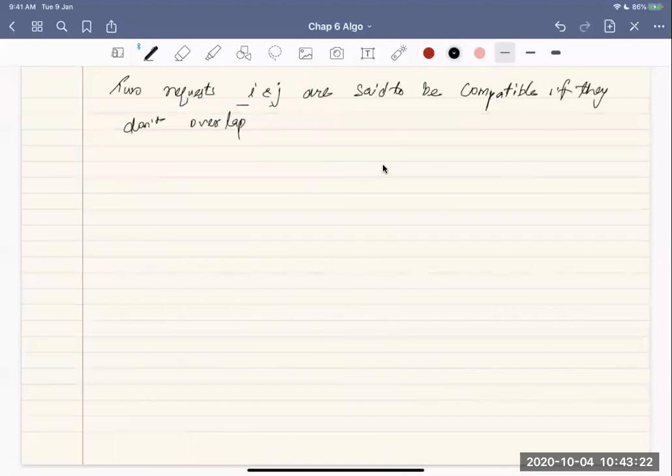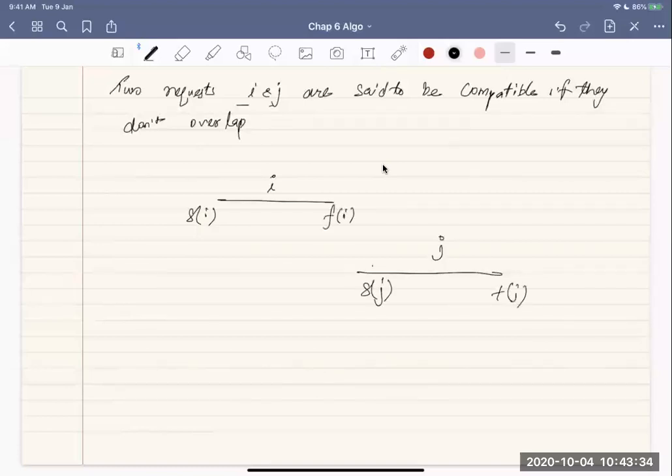Suppose this is I and this is J, so this is SI, FI, SJ, FJ. One possibility could be that the finish time of I is less than or equal to the start time of J. Equal to is also fine.